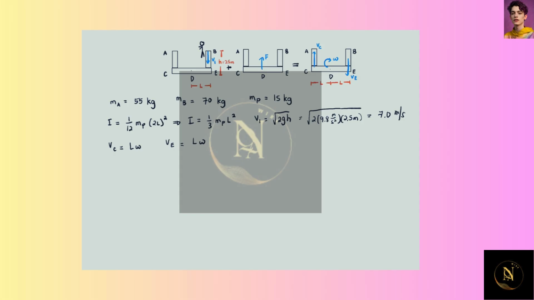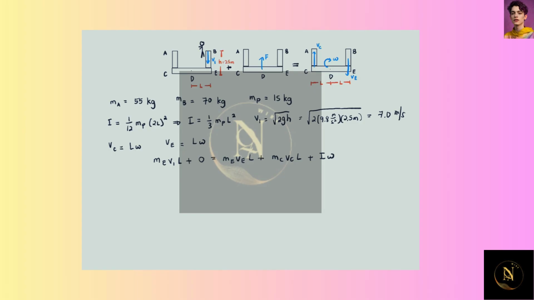Now, solving for the moments about point D, taking the counterclockwise direction as positive, we'll have the equation ME V1 L plus 0 equals ME VE L plus MC VC L, then plus I omega.